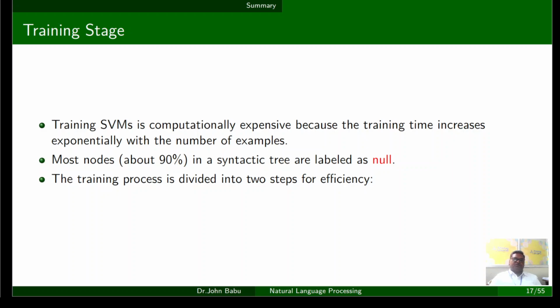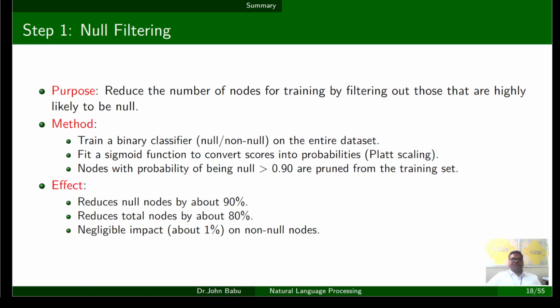One more concern is that in the syntactic tree, most nodes are labeled as null; they are not considered arguments. So one effective technique is to prune, to remove all these null branches before we go for training. So the first step is null filtering.